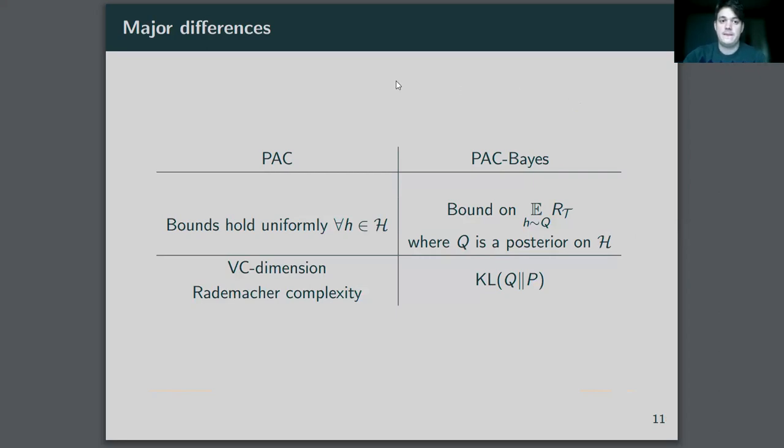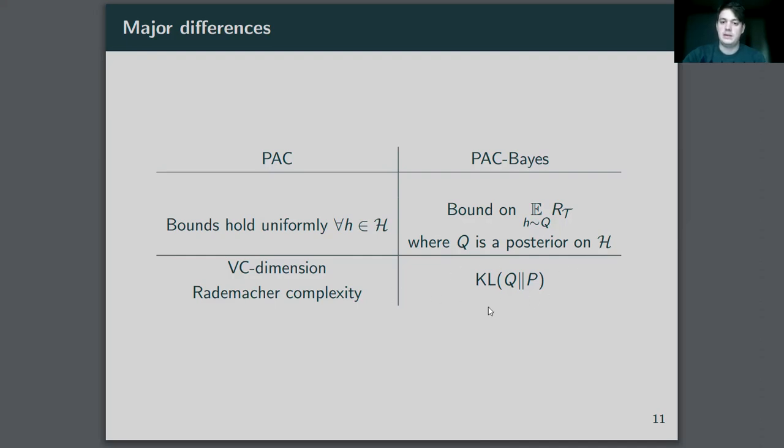Well, in the differences between these two frameworks is that for one, the bounds hold uniformly, but for the others, they hold in expectation over draws from this posterior. So we have a data-dependent measure here. Then the same is true for the complexity measures, which in the PAC or standard statistical learning theory case are generally quite worst case ideas that will hold for everything.